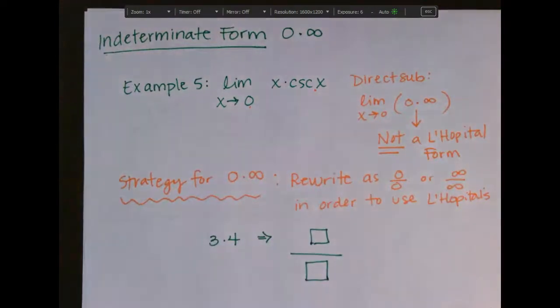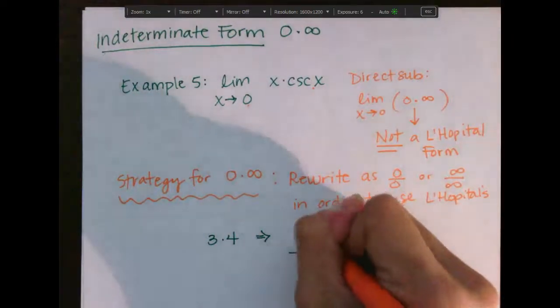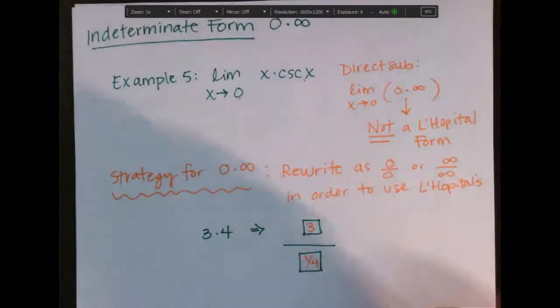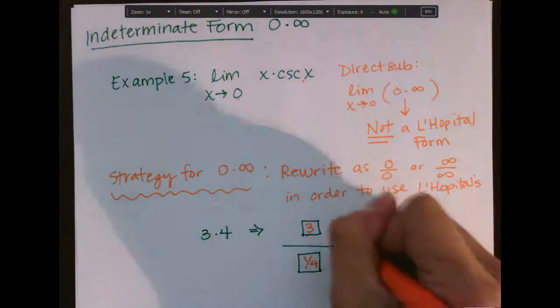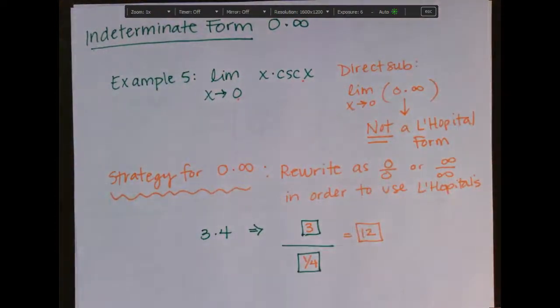Okay, so I've got two things that are being multiplied, and I want them in a form where they're being divided. So instead of taking 3 times 4, I can take 3 and divide it by 1/4. And those mean the same thing. In either way, they're both equal to 12.